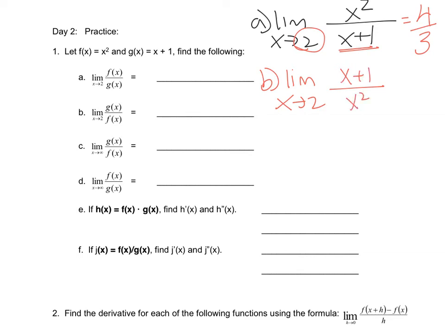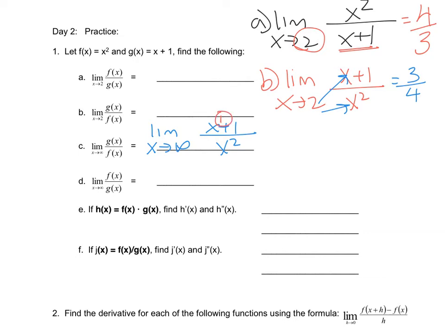So now the same thing for b. If we plug in 2, we get 3/4. For c, since x is going to infinity, we're going to go back to our rules where we looked at the difference in the exponents.